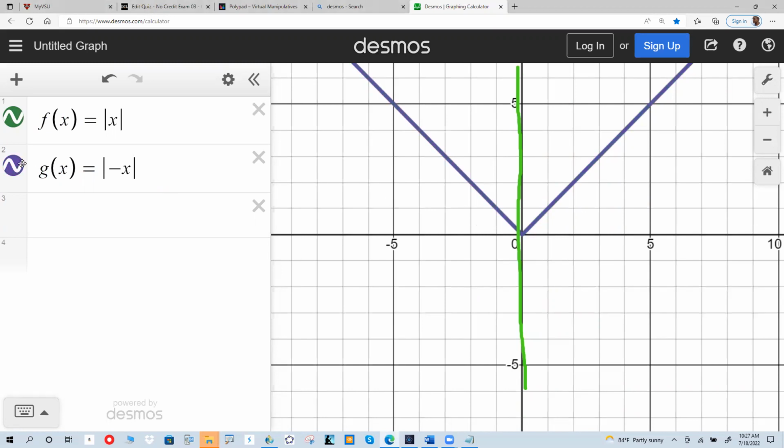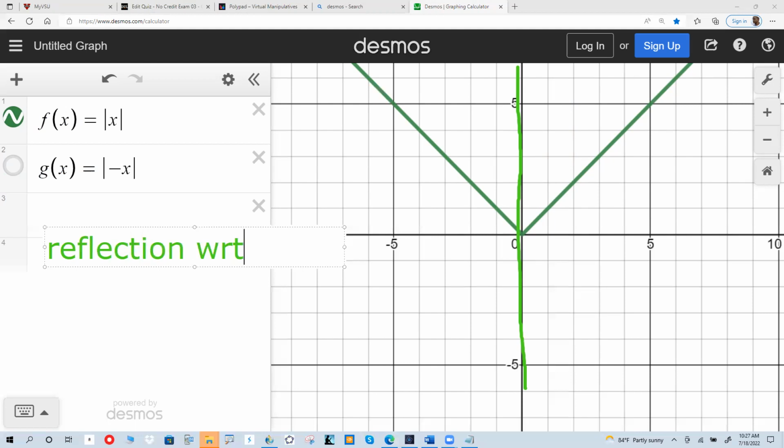The reason it happens this way, guys, when you do a reflection with regard to the y-axis, and let's write it down here nicely, when you replace x with negative x in any function, it's a reflection with regard to the y-axis.